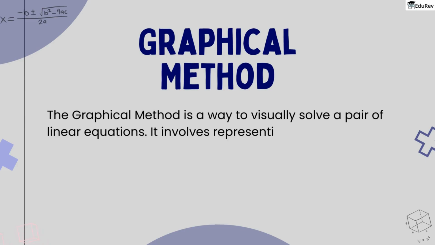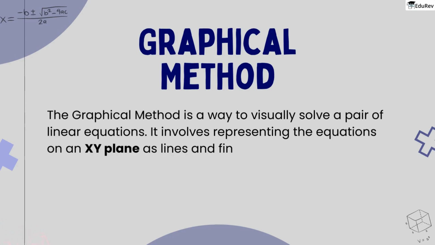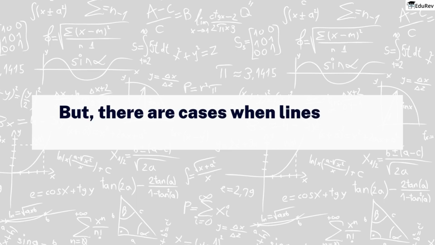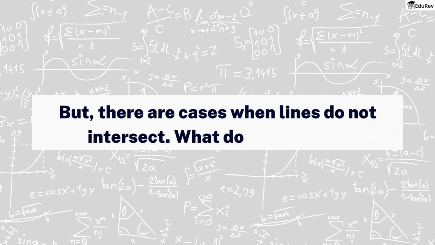It involves representing the equations on an xy plane as lines and finding out their point of intersection, which represents the solution to the system of equations. But there are cases when lines do not intersect. What do we do then? For that, we will discuss the types of pairs of lines and their solutions through the graphical method.